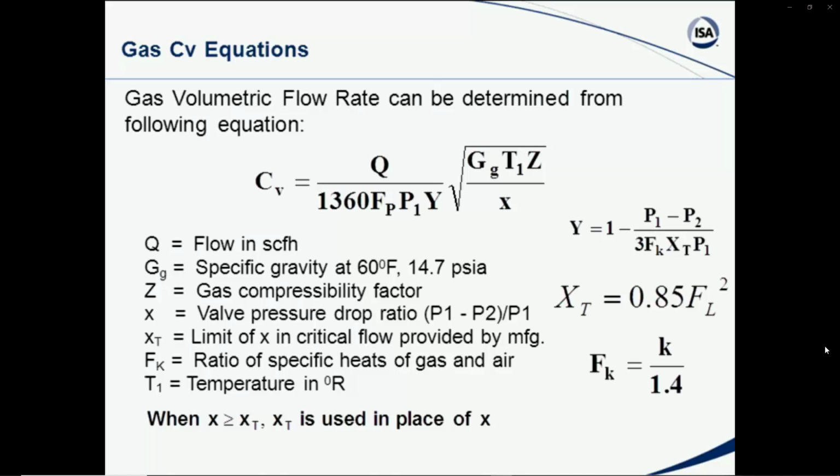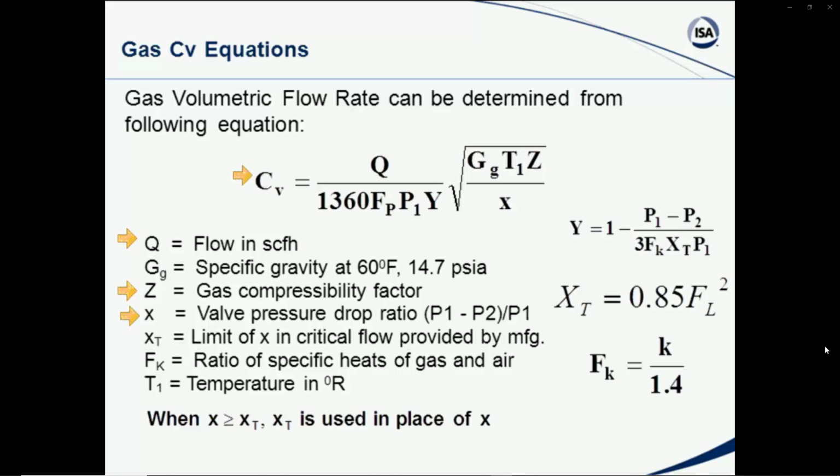The gas volumetric flow rate is shown by this particular equation here, and we'll use a variation of this to calculate a C sub V. This is one form of that equation, and again we're dealing now with volumetric flow rate, in this case standard cubic feet per hour. We're talking about a compressible gas. The compressibility factor we normally will just use as a factor of 1.